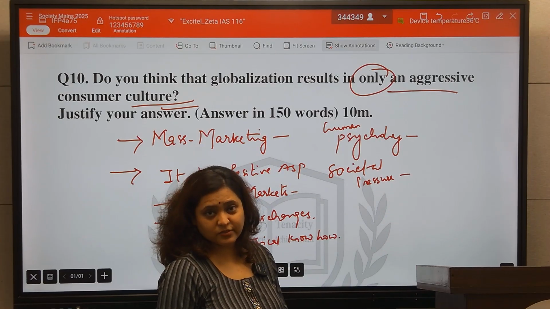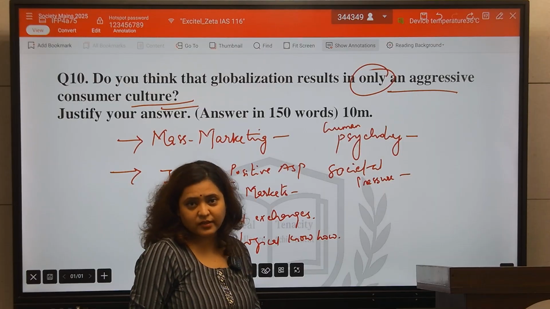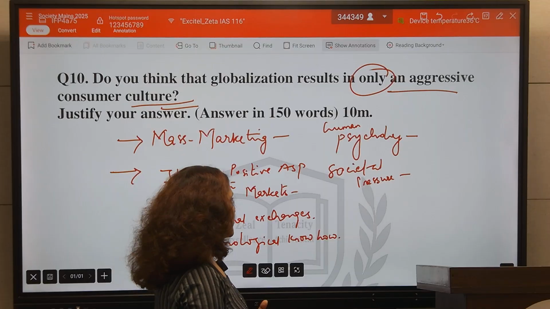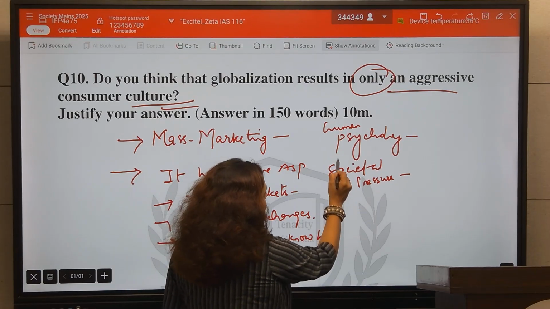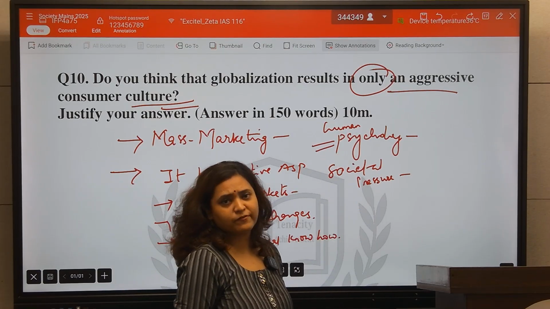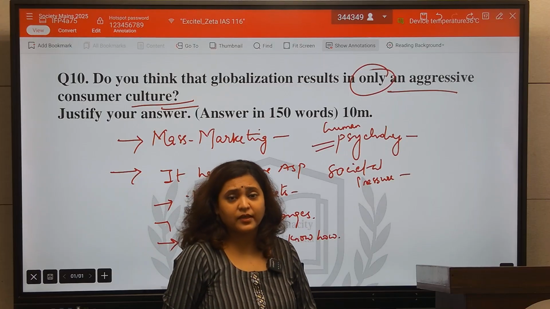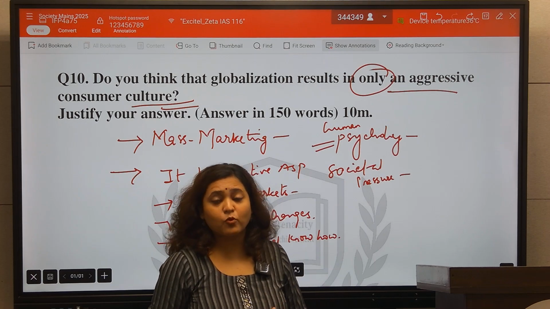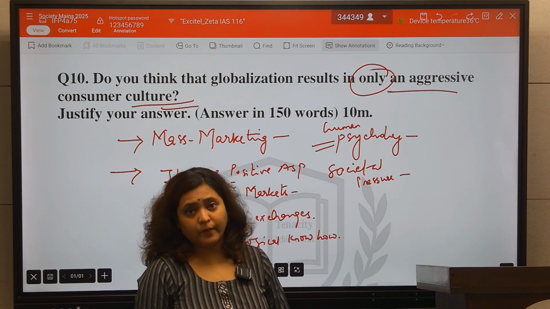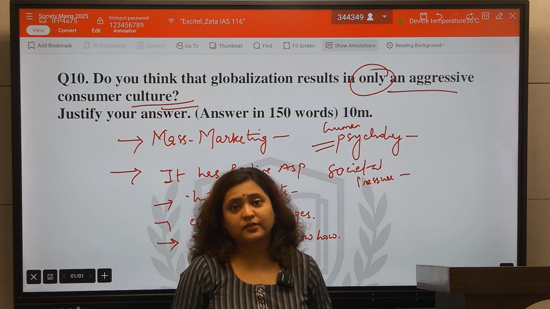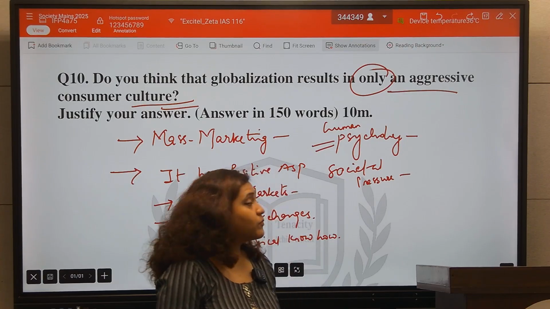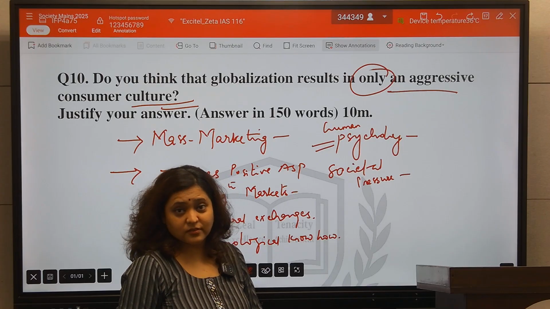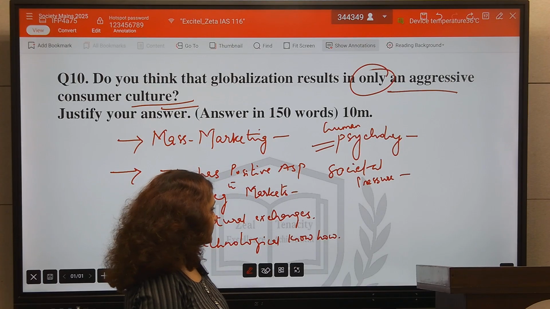You're living in a society where everybody has 10 marks in their homes, so you also want to have 10 marks because everybody else is having it. Human psychology is also related to low self-worth. Some people believe that owning expensive products or more material things will give them the position that they want in their lives. So they feel more included, more valued. That is why they indulge in such consumerism.